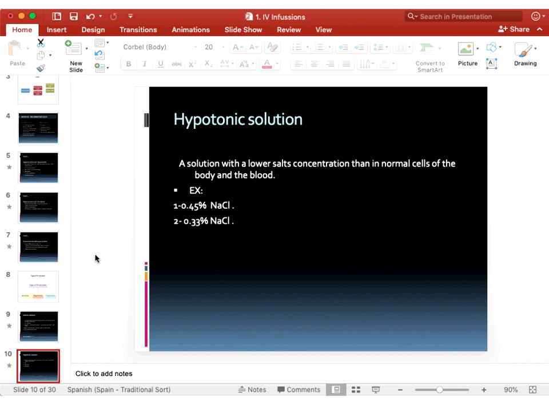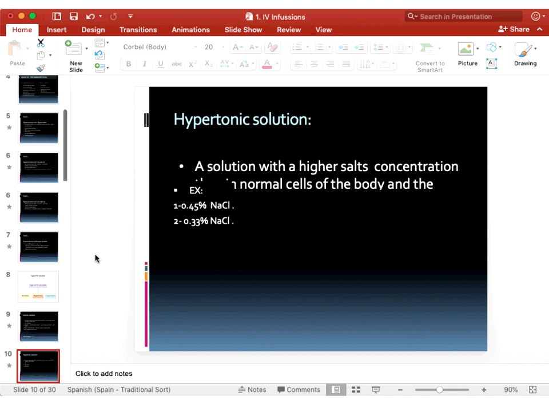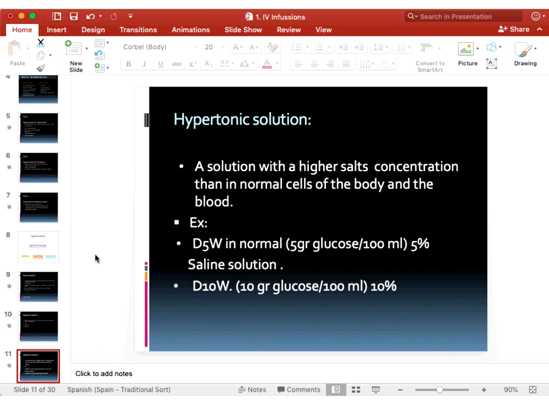Why? Because it will pull out the volume from the intravascular space into the interstitial space. It will pull it out. Therefore, edema will resolve. But you're not going to use this. This is just for class purposes only.